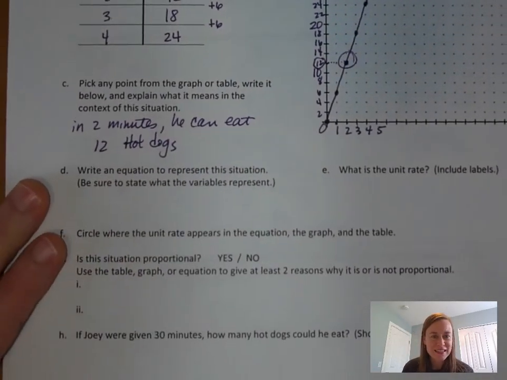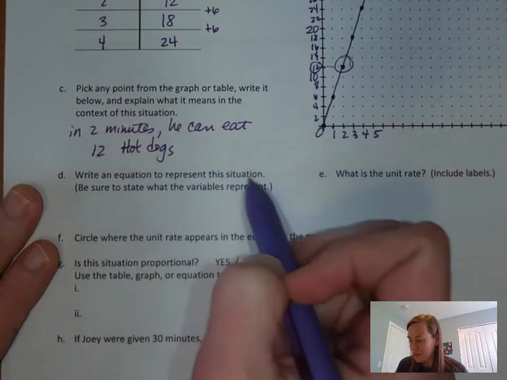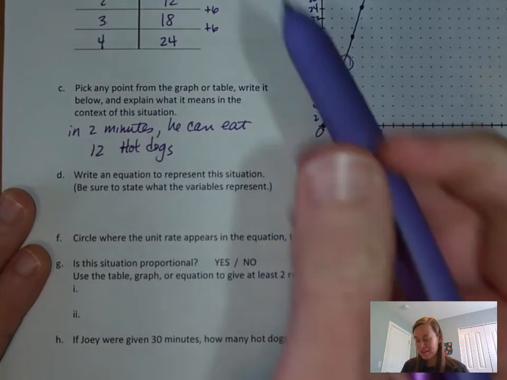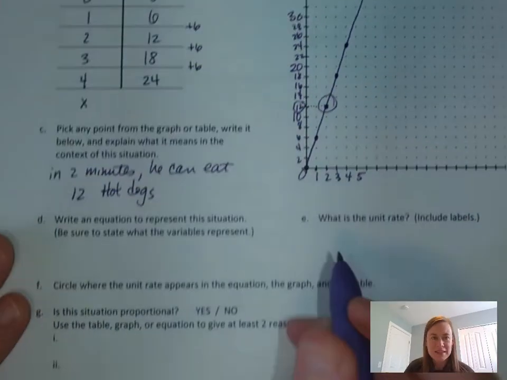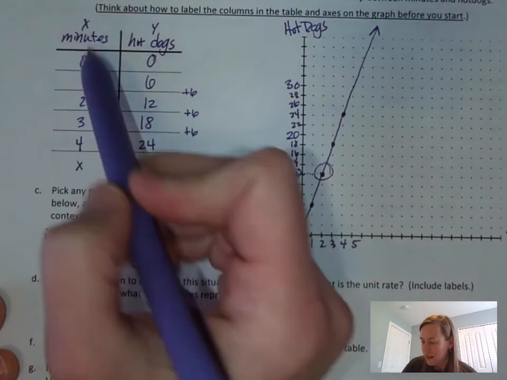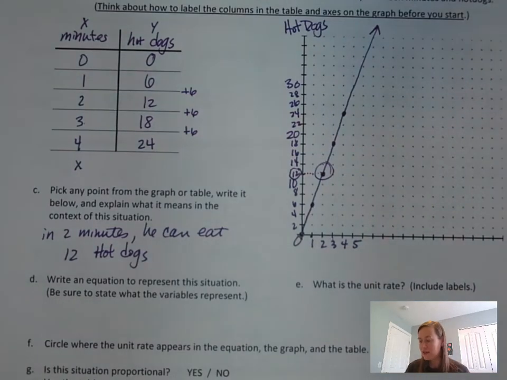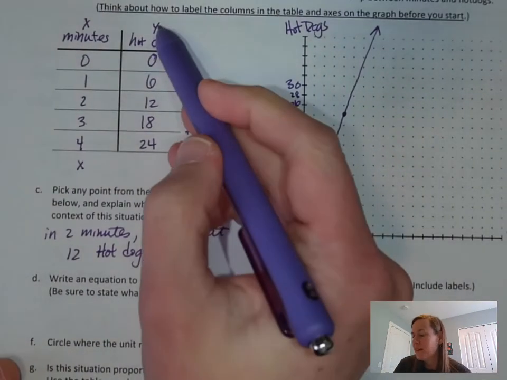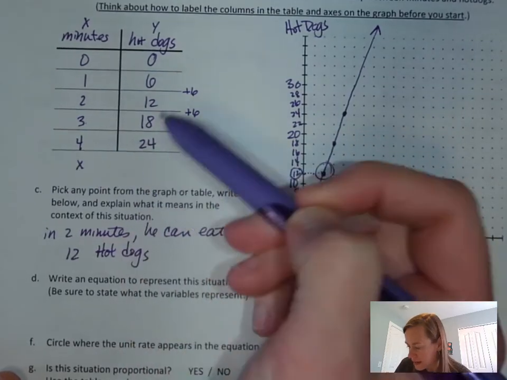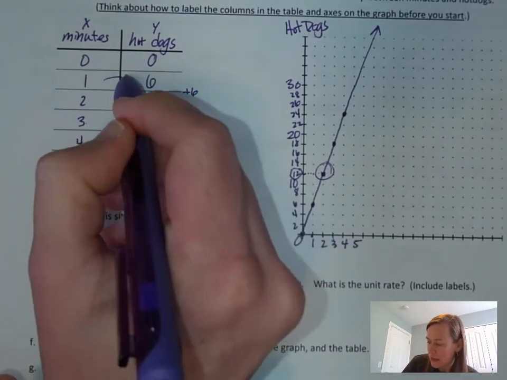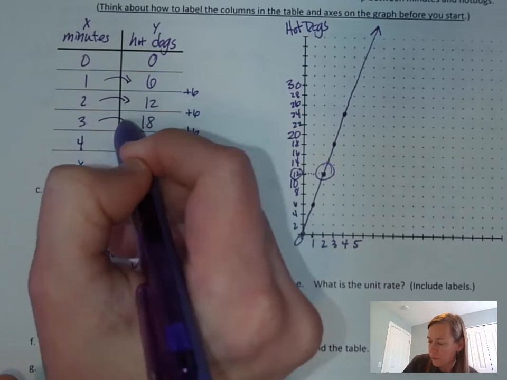All right, part D. Write an equation to represent this situation. Okay, so we have x here, and I'm just going to write an x right here in my table so I can kind of keep it straight. Now I want to write this number in terms of x. So what am I multiplying by each time to get this next number?